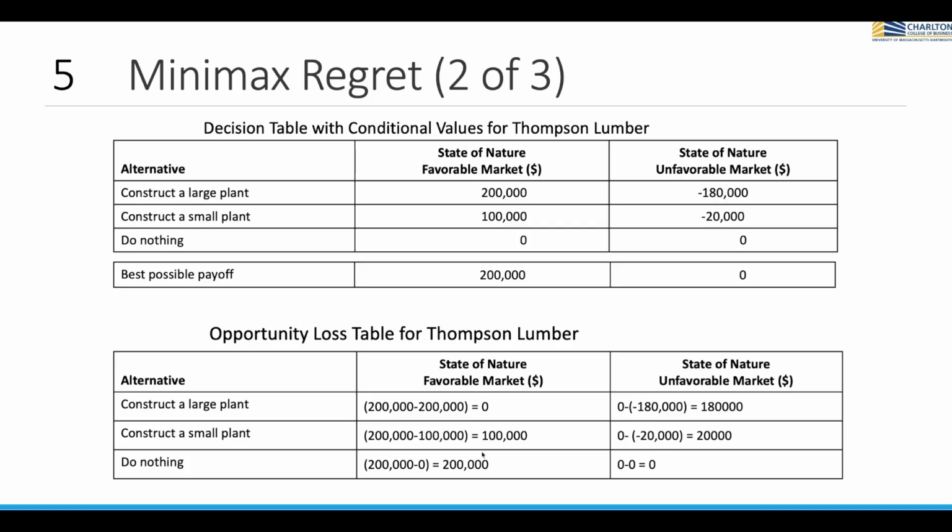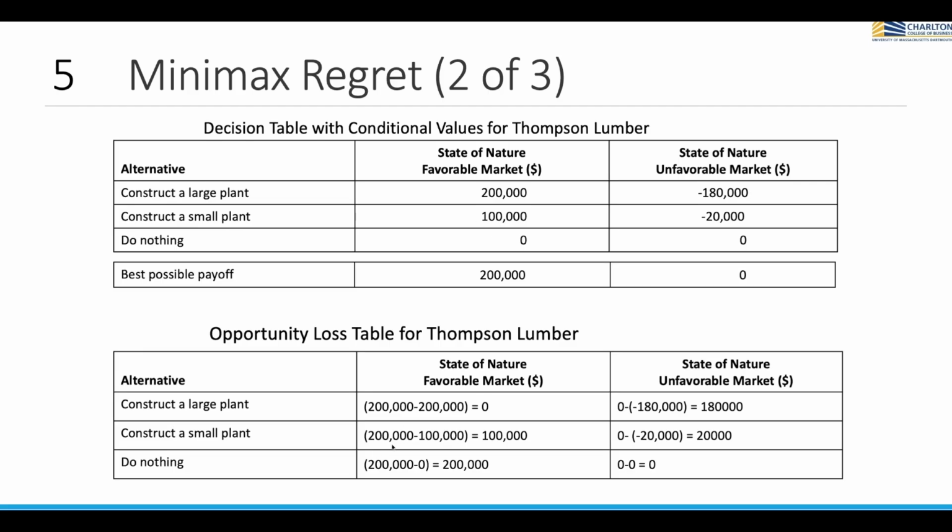Under favorable market, if we construct a large plant, then our regret would be 0 because this is the best payoff and we are making that best payoff. So 200k minus 200k is equal to 0. But if we have constructed a small plant, our regret would be 100k because we could have made 200k by building a large plant, but we decided to go with the small plant, and now that the market is favorable, we realize that we are only making 100k profit.